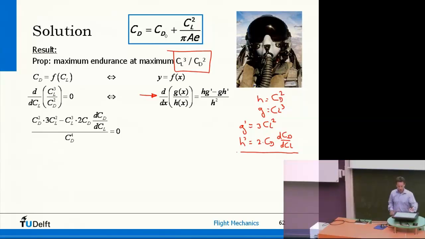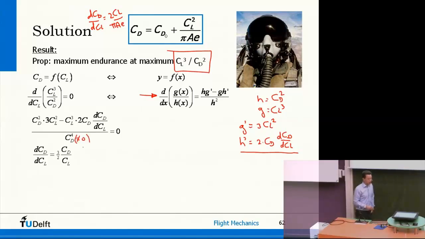And of course, from the top equation we know the derivative of CD with respect to CL is 2CL over pi AE. And of course we know that CD is never equal to 0. So the top side of the equation must be equal to 0. And if you work it out, you get something like this.